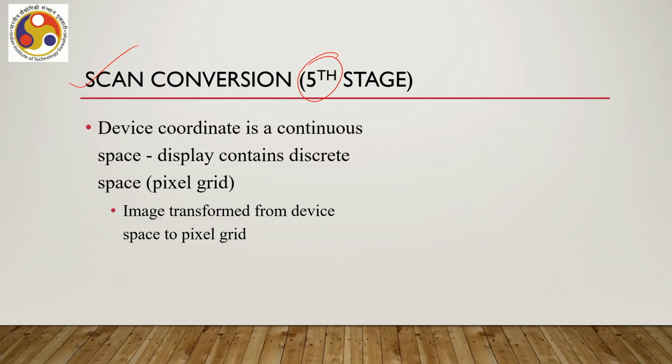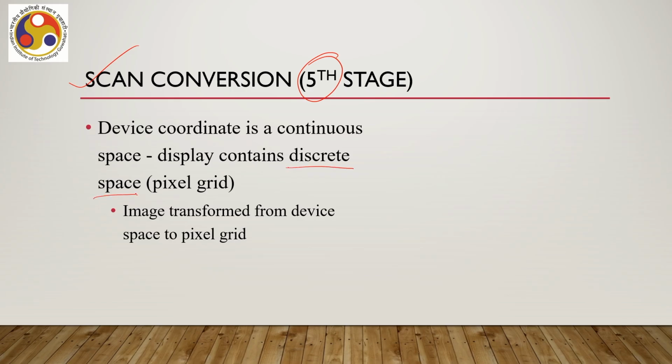Although we are using the term device coordinate, in reality when we talk of rendering something on a computer display, we know that the display consists of pixel grid. Now, pixel grid means there are discrete points.